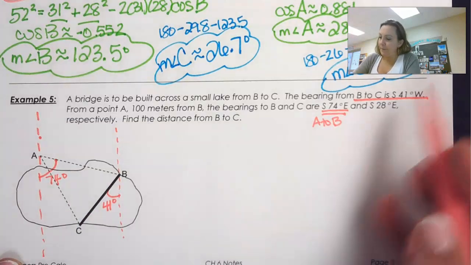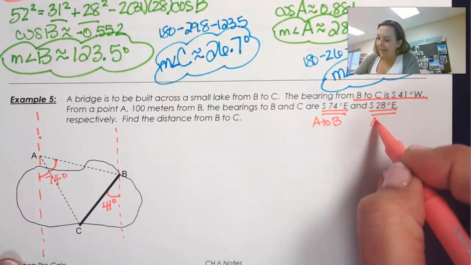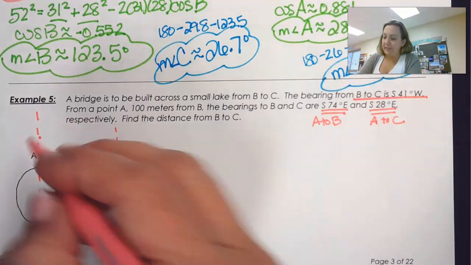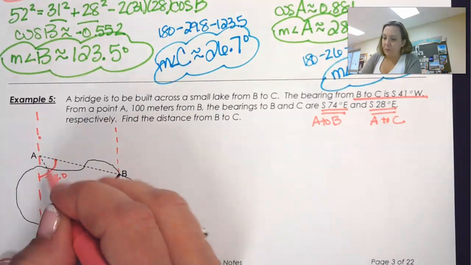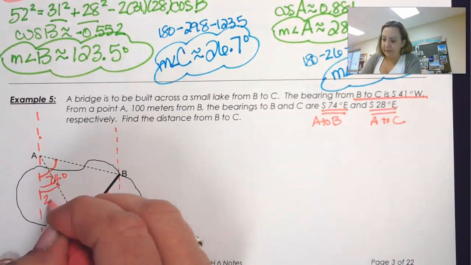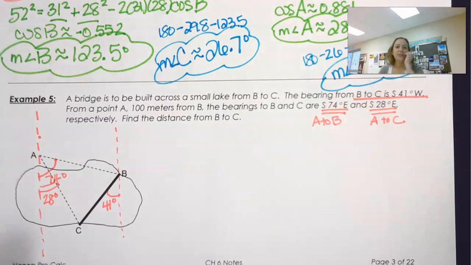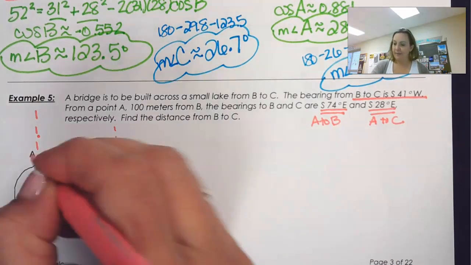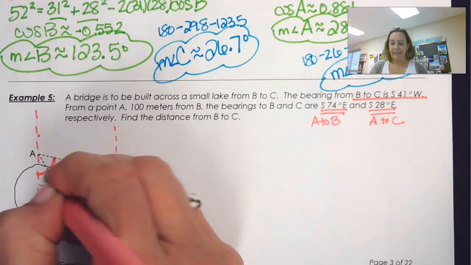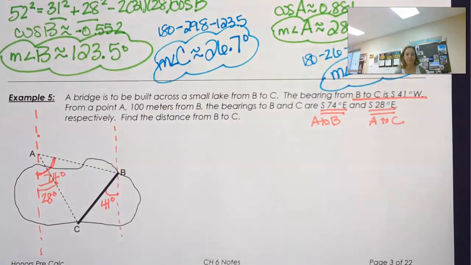And from A to C, that's going to be south 28 degrees. Okay, so this long one here, from here to here, is 74. This little one is 28.